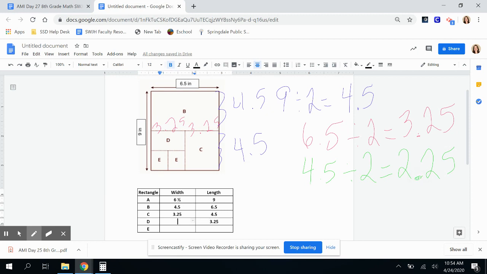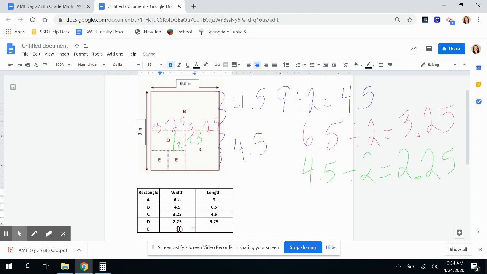So this area here is 2.25. From here to there is 2.25. Now I can write that in here. 2.25 in my answer.